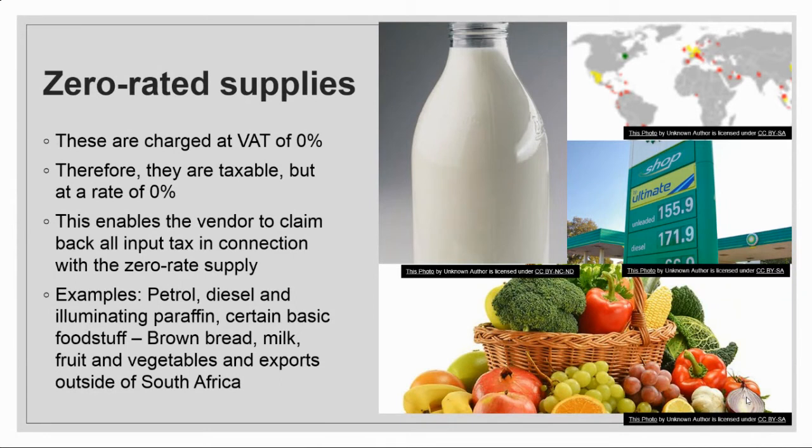If you are not sure that it will be consumed outside of the country, the vendor will have to levy tax at 15%, and then that person that has bought the goods, when they get to the borders, they can actually claim the VAT back when they exit the country with the goods. Okay, so that's the alternative if it hasn't been zero rated from the get-go.